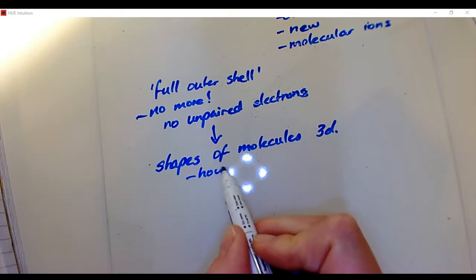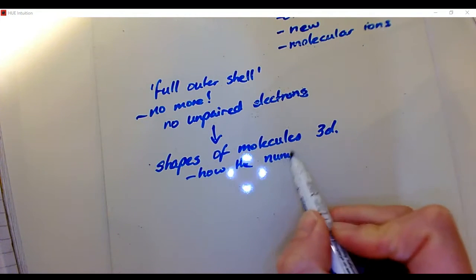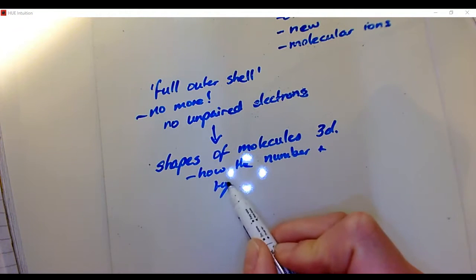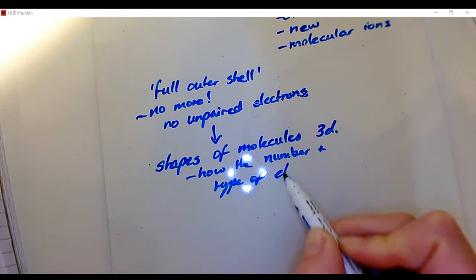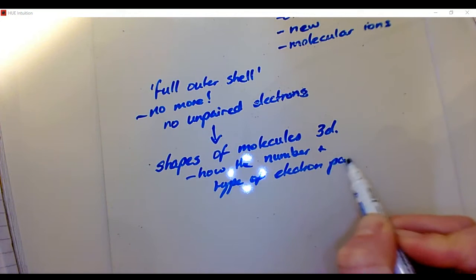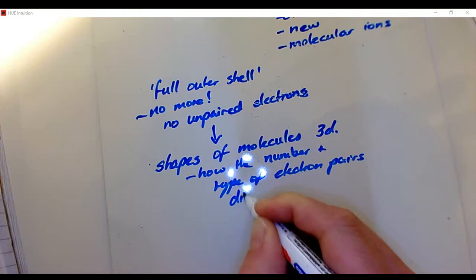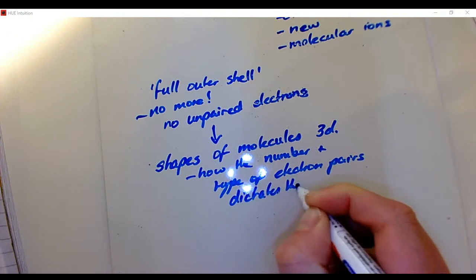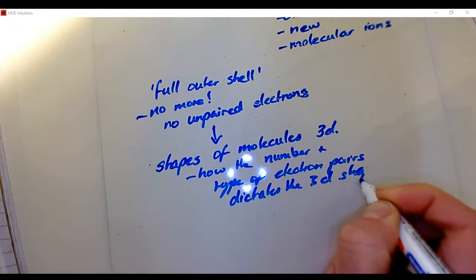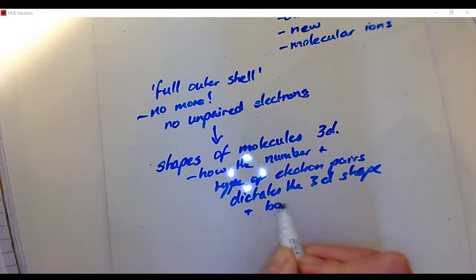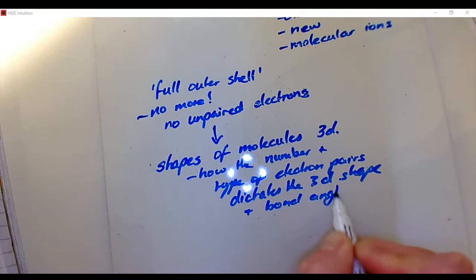So what we look at is how the number and type of electron pairs dictates the 3D shape and bond angle.